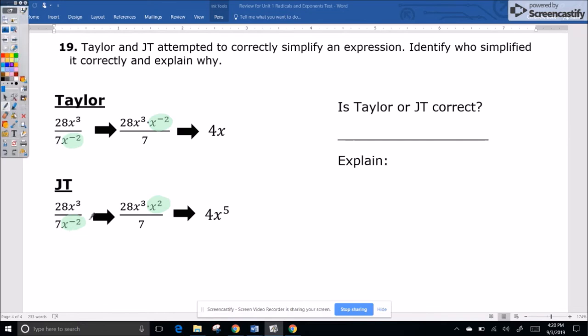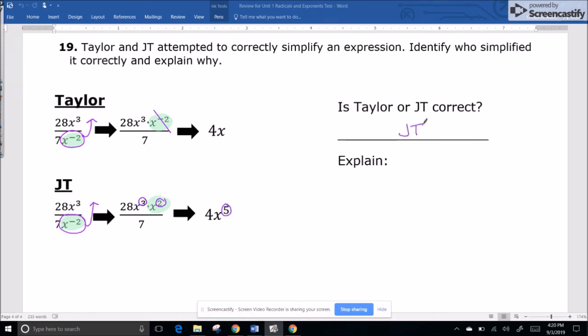So when both of these people looked at this problem, they knew that they had to bring the negative up into the numerator. But what Taylor didn't do correctly is when she brings the x to the negative 2 power up into the numerator, she is supposed to make that exponent positive. And then 3 plus 2 gives us 5.